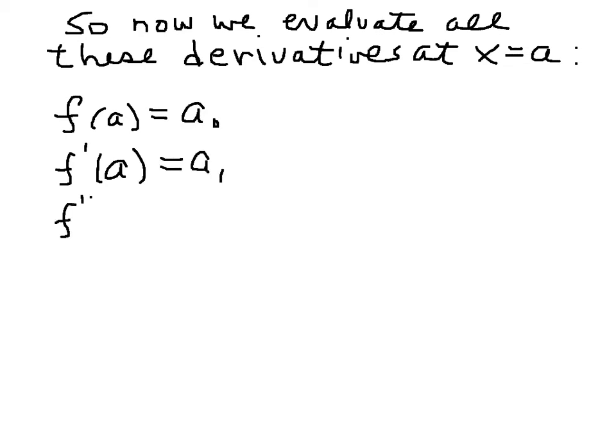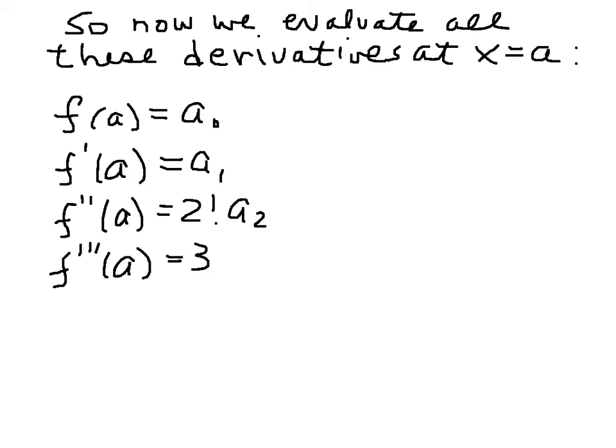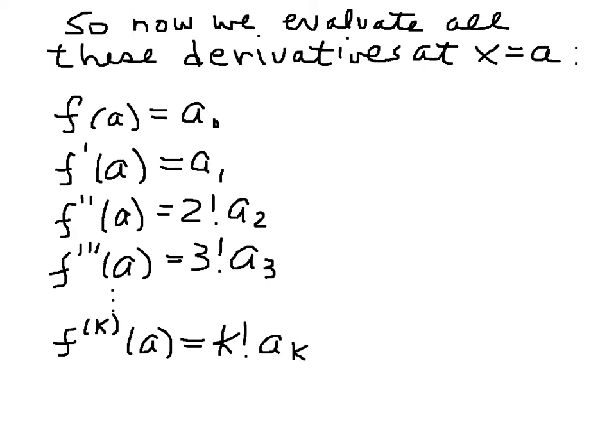The second derivative evaluated at a will be 2 factorial times a sub 2. The third derivative evaluated at a is 3 factorial a sub 3, and the general kth derivative evaluated at a is k factorial times a sub k, and this pattern continues.